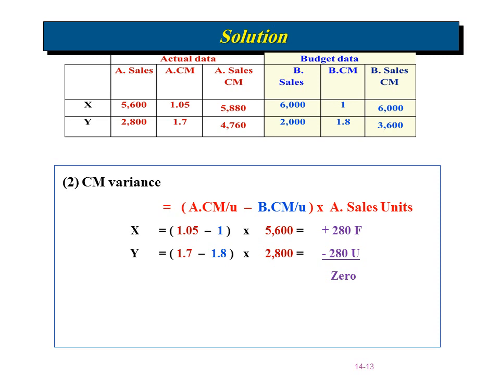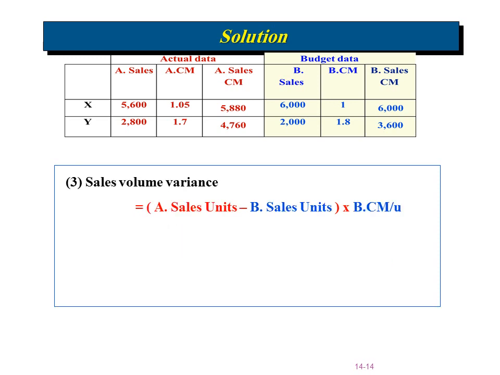The third variance, sales volume variance. Again, sales volume, volume speaks about units. Actual sales units minus budgeted sales units times budgeted contribution margin per unit. So I need actual sales units, budgeted sales units, and budget contribution margin.